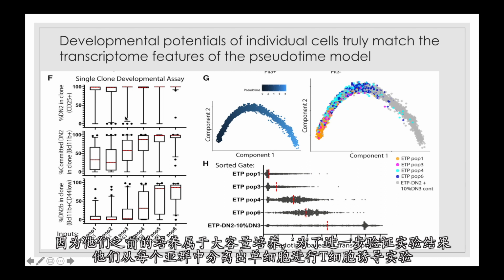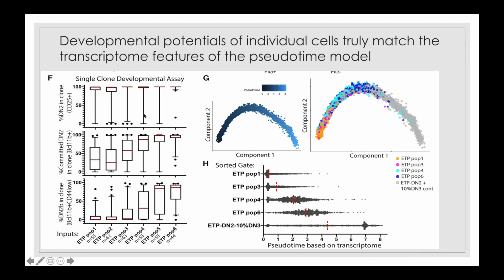The previous in vitro cell culture was the bulk population culture. To further validate their in vitro culture result, they cultured the single cell colonies isolated from each population under the same T cell induction medium to validate that these 6 populations of cells can recapitulate the trajectory.